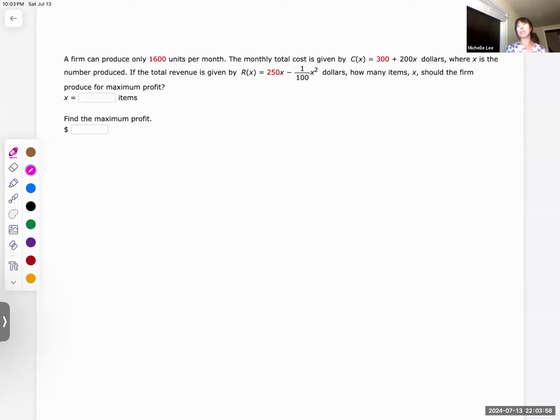Okay, in that case, it's maximum we need to look for. All right, so how do you find the profit function? Yeah, so profit function.